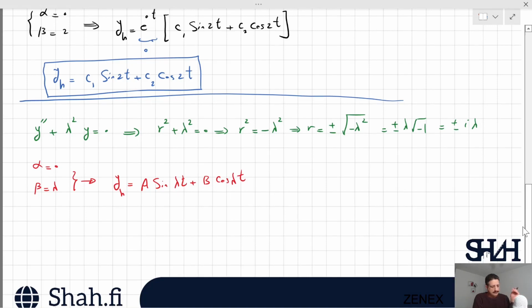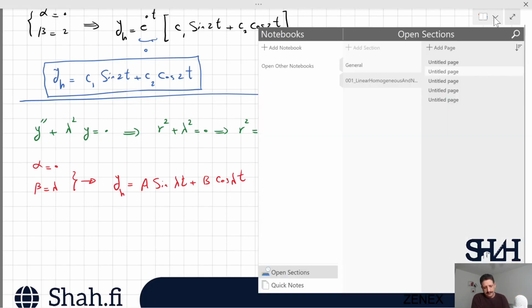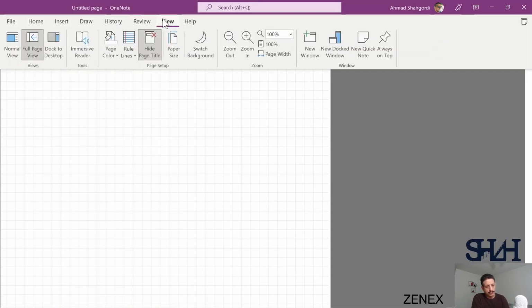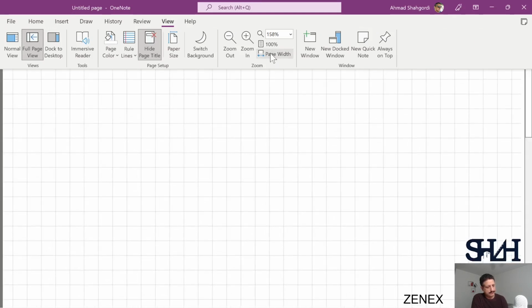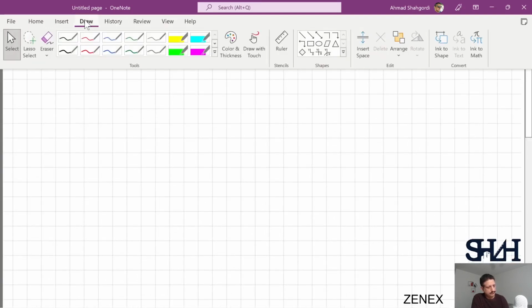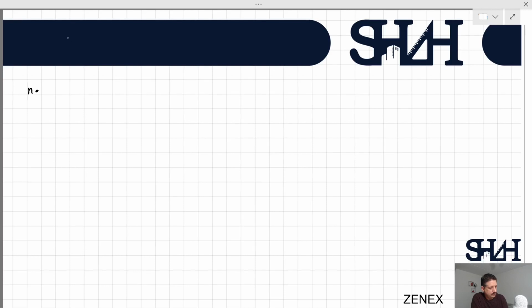Now the next phase is to calculate for the non-homogeneous equations. But still we are in the linear condition.